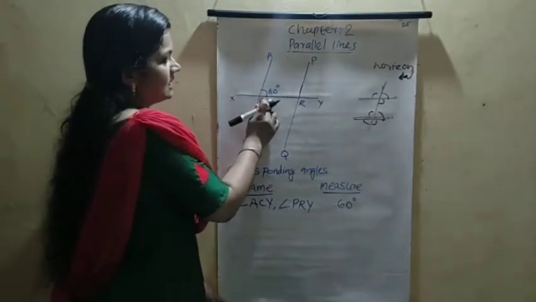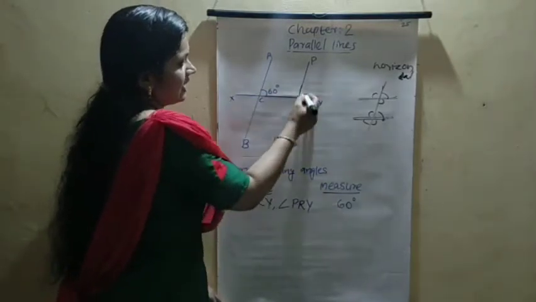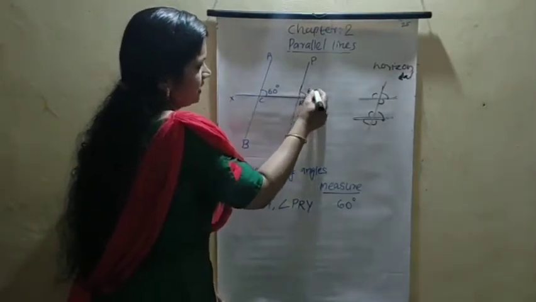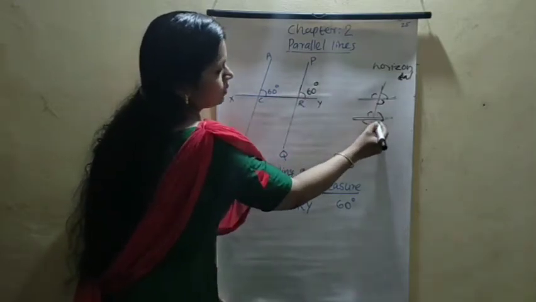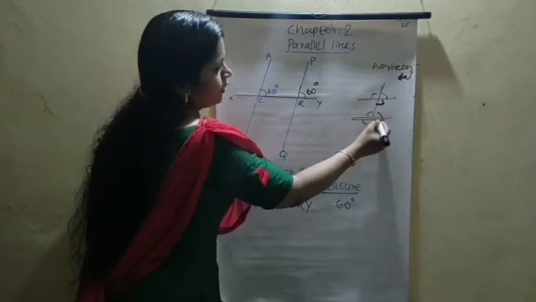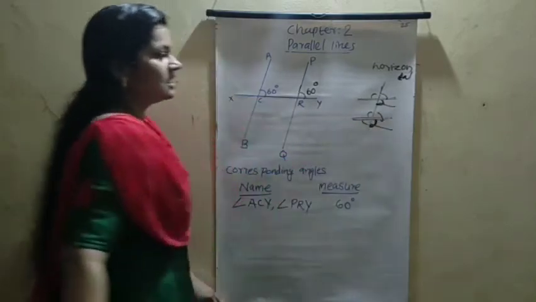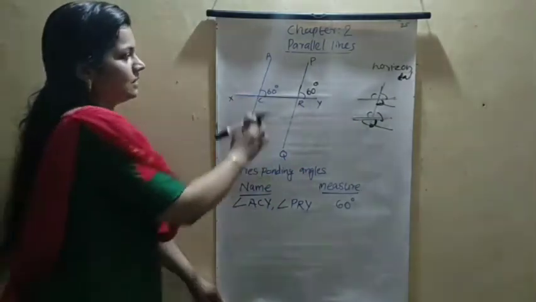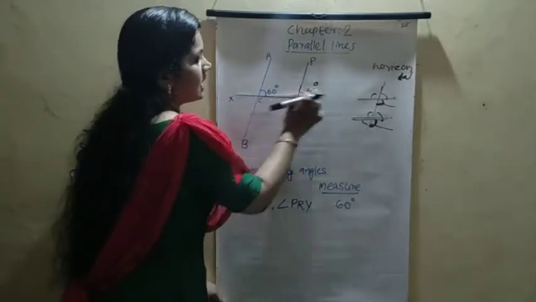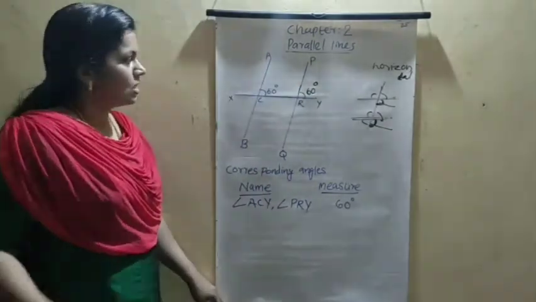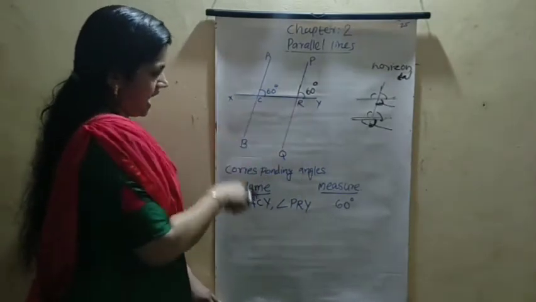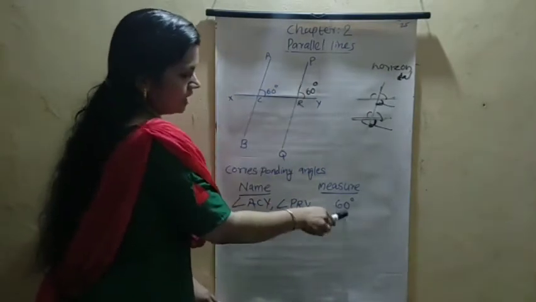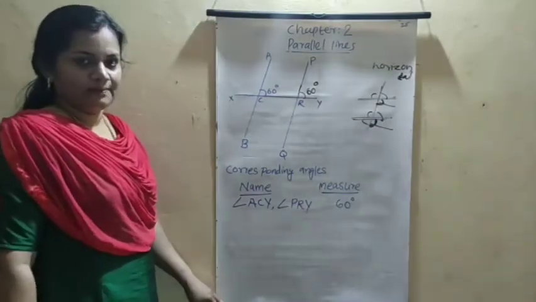So this is 60 degrees, and this is also 60 degrees, because these two angles are corresponding angles. So angle ACY and angle PRY are equal to 60 degrees.